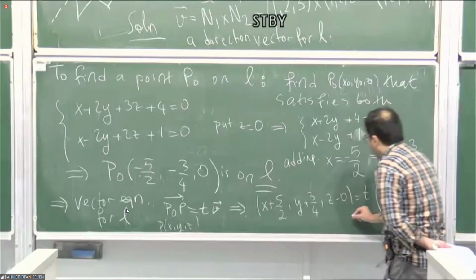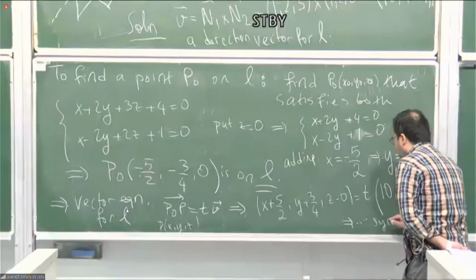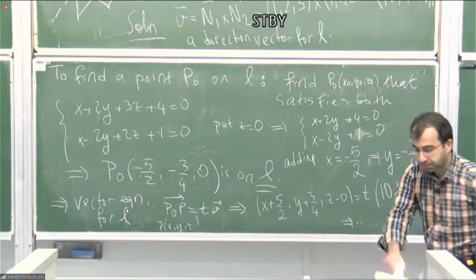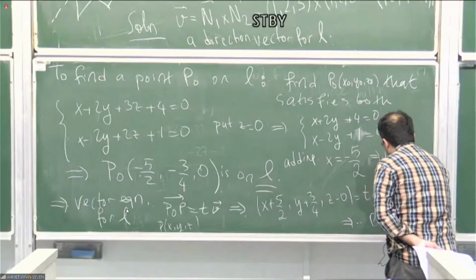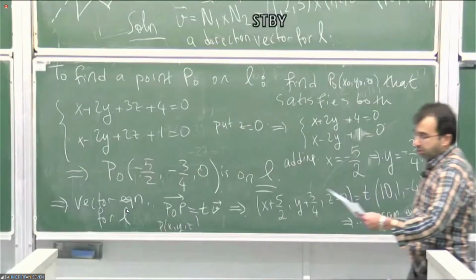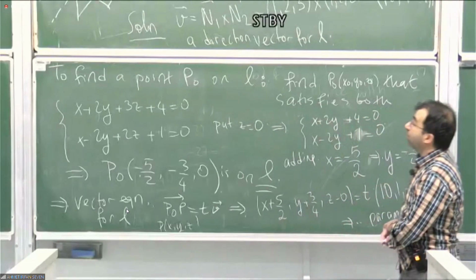So this is it basically. Then you can write parametric equations, etc. All right. And this is how we find the intersection of two planes. This is always the same.